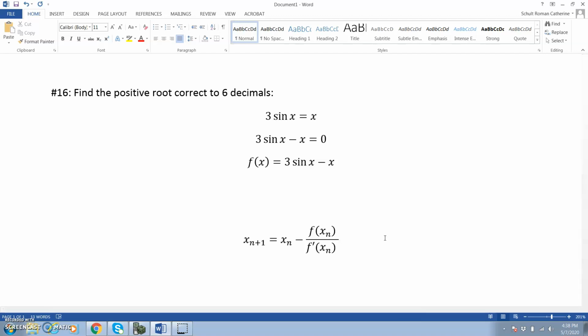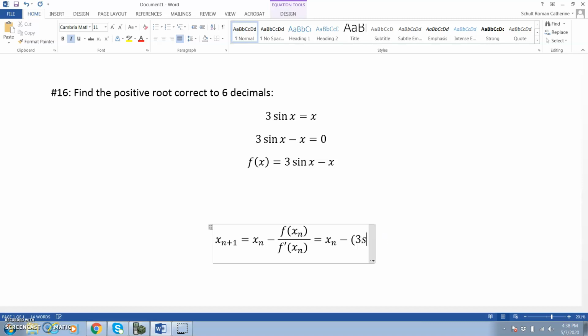So we have our f. What we're going to have to find next is your x of 1, your starting point. In addition, let's write this relative to the function we're using. Our function is 3 sine x minus x, so it's going to look like 3 sine of x to the n minus x to the n.